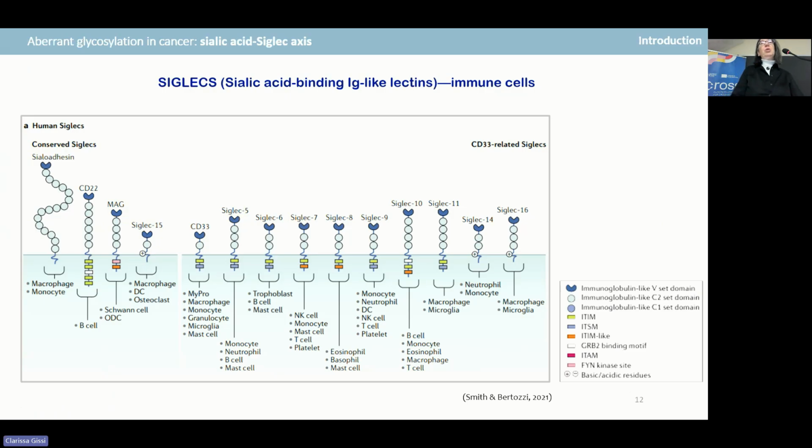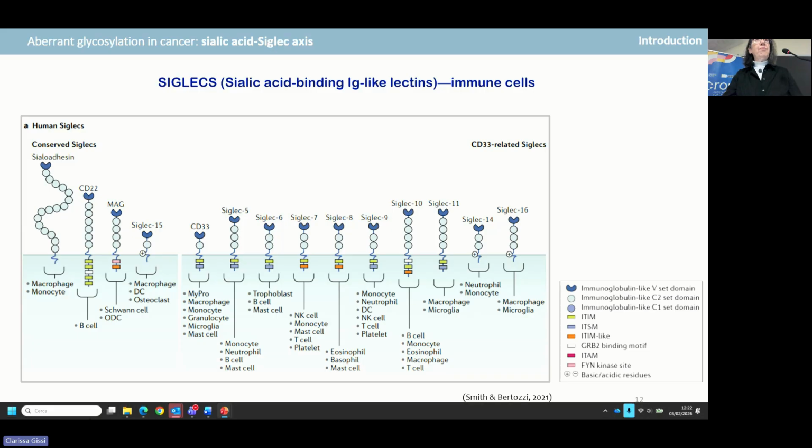Another interaction between these changes in glycosylation and cancer is through these receptors that are called Siglecs. Siglecs are receptors. Here we have the family of human Siglecs. Siglecs come from sialic acid binding immunoglobulin-like lectins because they have domains that are similar to the immunoglobulin folding domain.